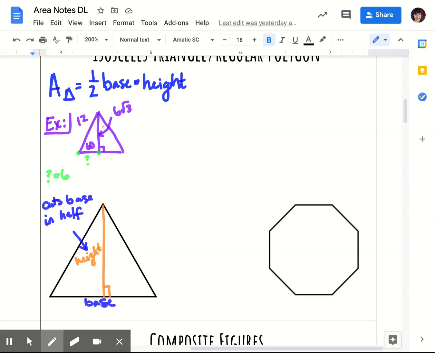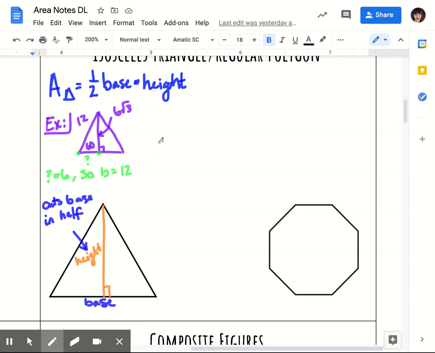I'm not going to show you the whole process I use to get that, but if you'd like to know, send me a message and I'm happy to show you. So my question mark distance from here to here is 6, which means that my base value has to be 12.